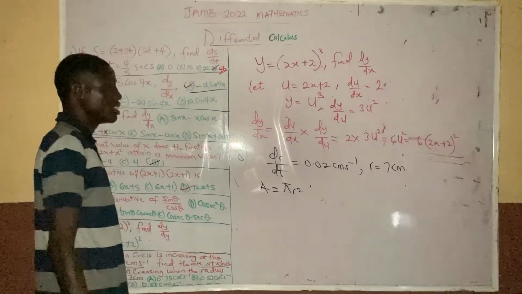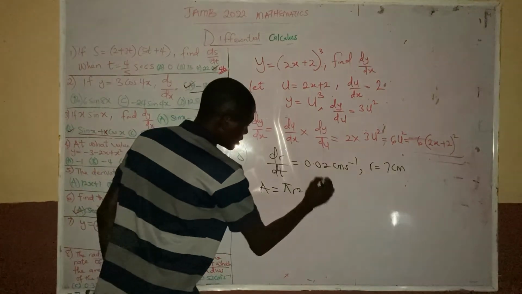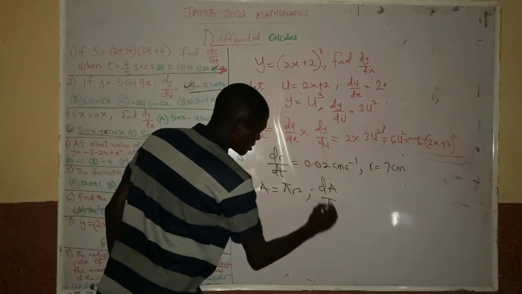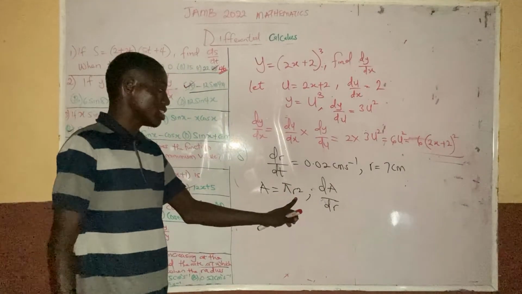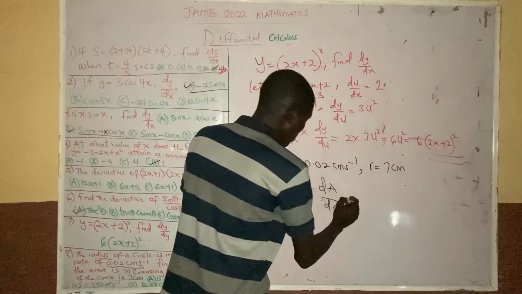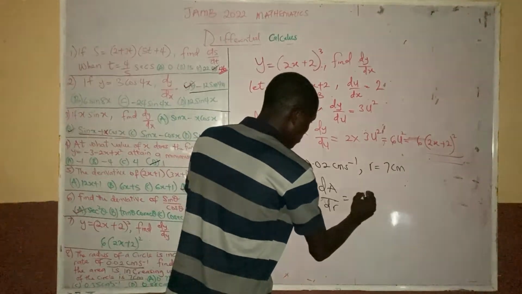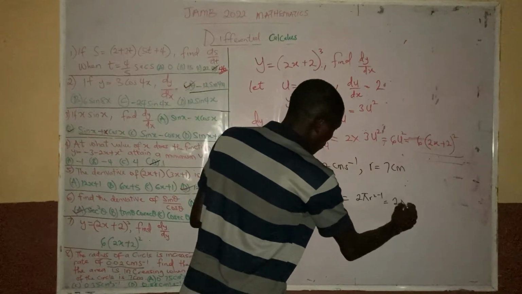Then you differentiate it with respect to r. Differentiate A with respect to r. What do we have? Pi is a constant, so we differentiate: this is 2 times pi r to the power 2 minus 1. So this one goes 2 pi r.